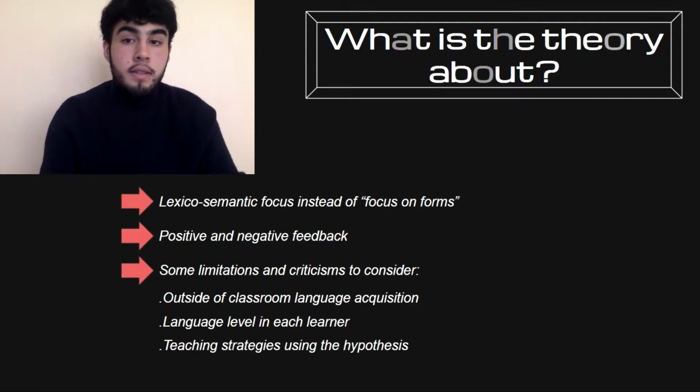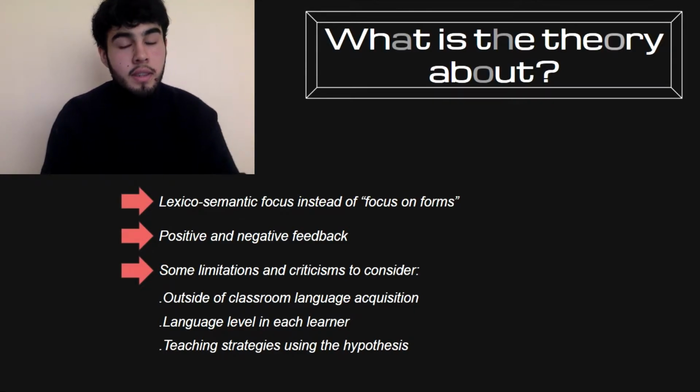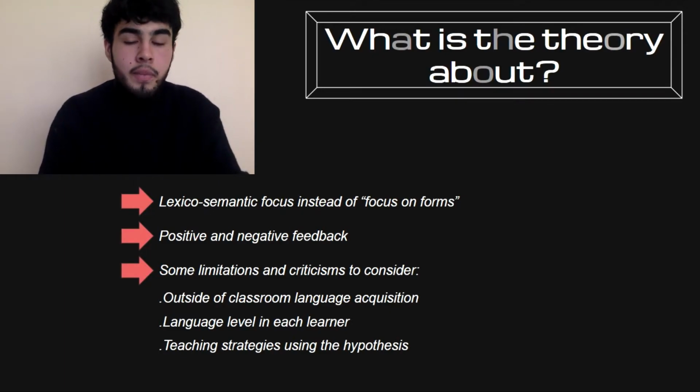And in this case, the negotiation of meaning refers to the exchange of information when interacting with another person. So the lexicosemantic focus means that you care more about the meaning behind the language instead of the grammatical aspect of language when doing this negotiation of meaning.